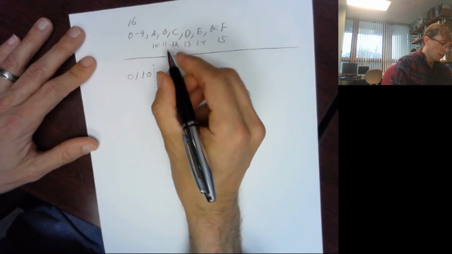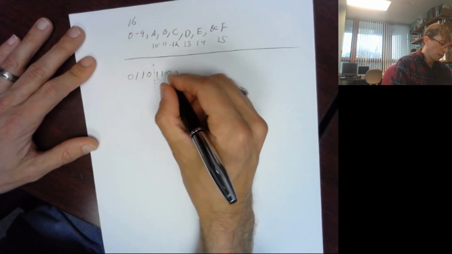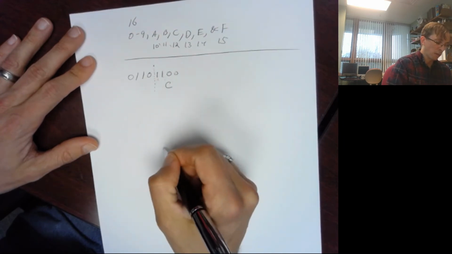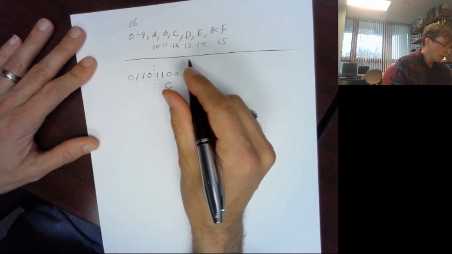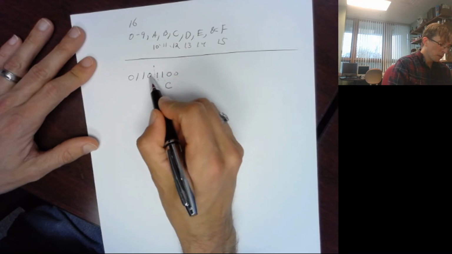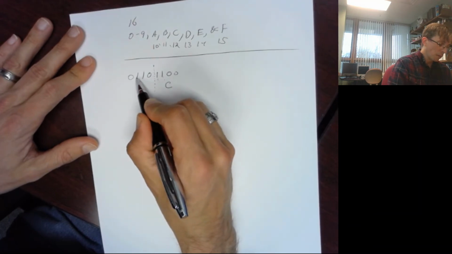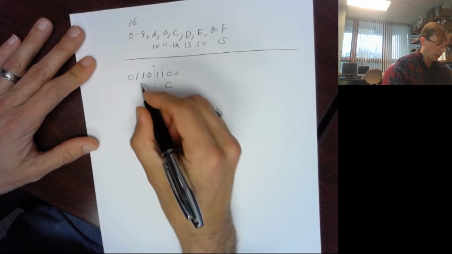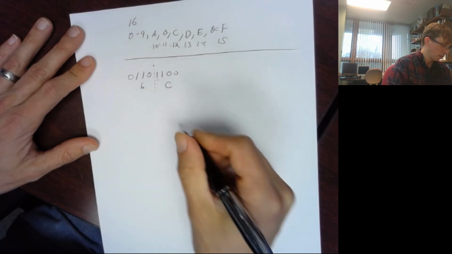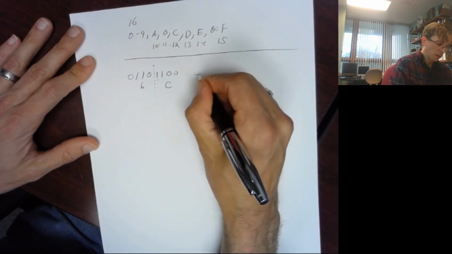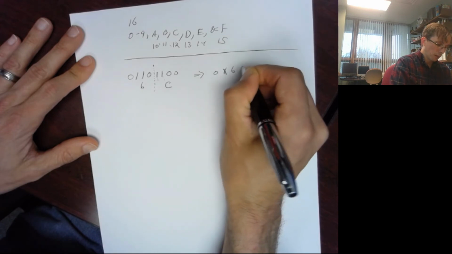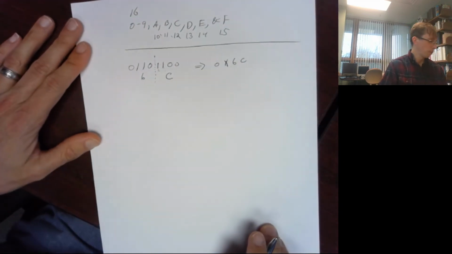So I know this is 12 in decimal, and 12 in decimal is C in hex, so I can write the C there. And over here, 0, 1, 2. I know this is 4, and then 2 more, so 6, and I can just write that as 6 straight up. So this gives me 0x6C in hexadecimal.